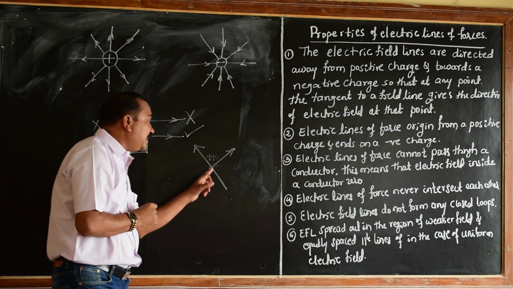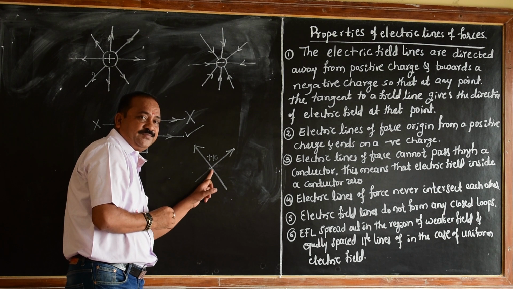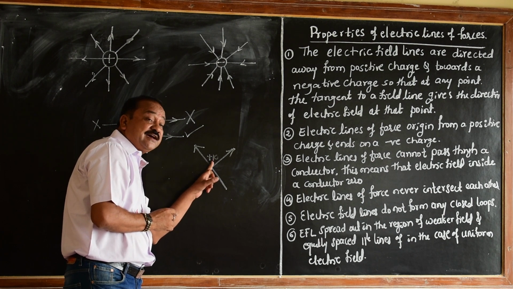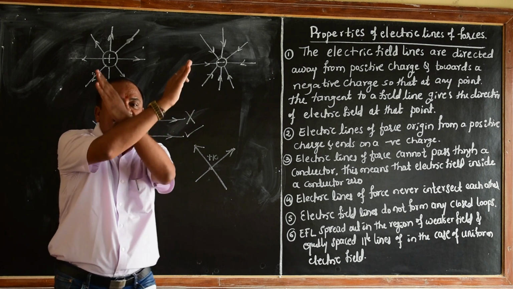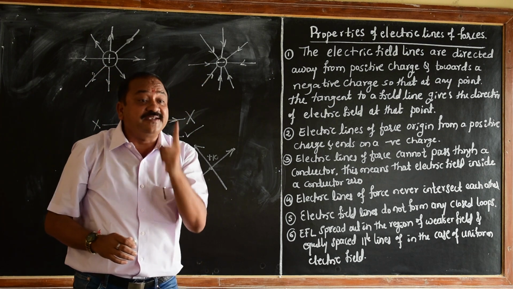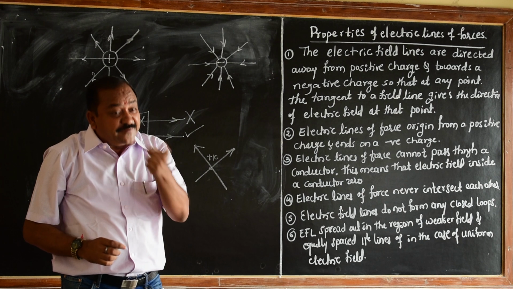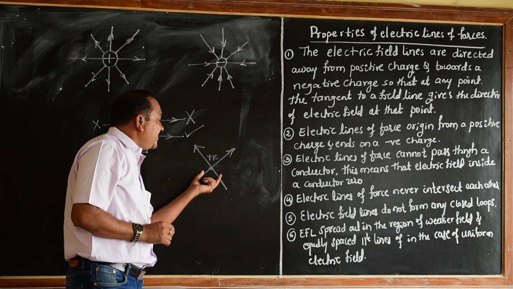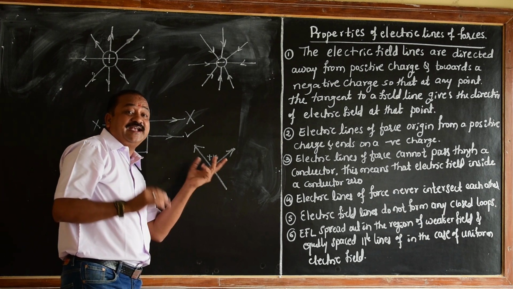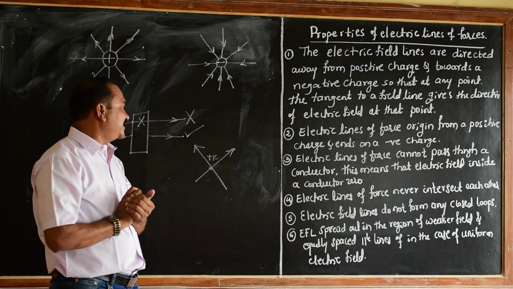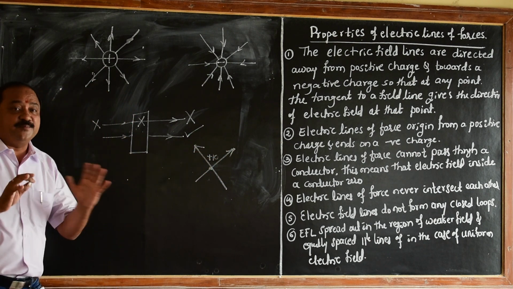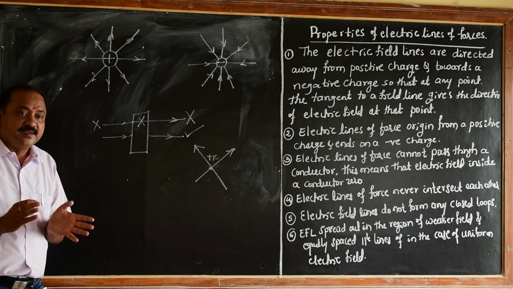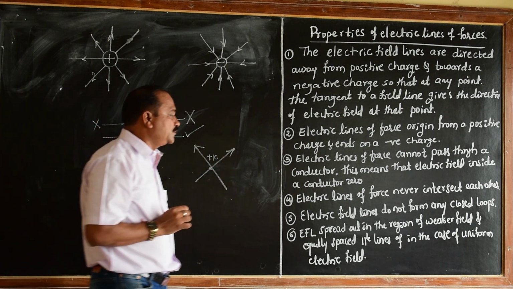It would make this unit positive charge move in both directions simultaneously. But it is impossible. So the electric lines of force never intersect each other. Also, electric field lines do not form any closed loop.